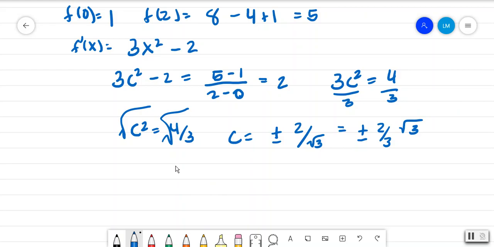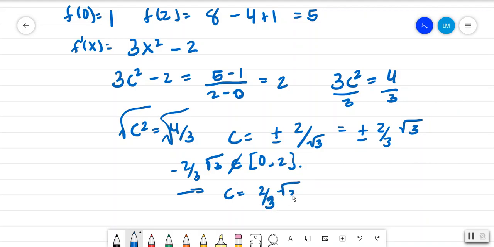However, there's a problem. Negative 2/3 root 3 is not contained in the interval from 0 to 2. So what that means is that the only value that satisfies the mean value theorem is 2/3 root 3.